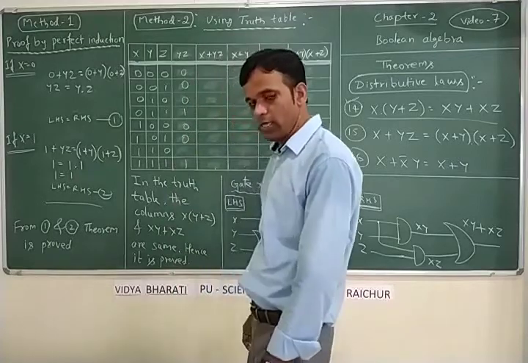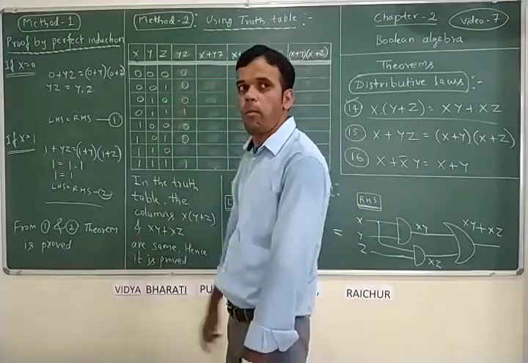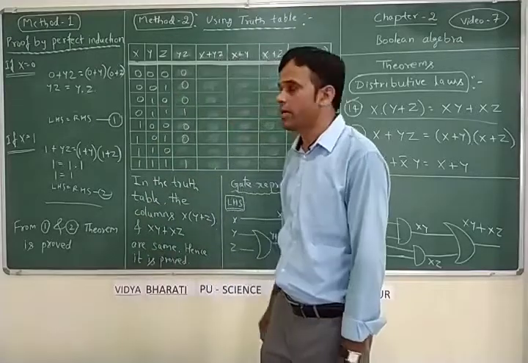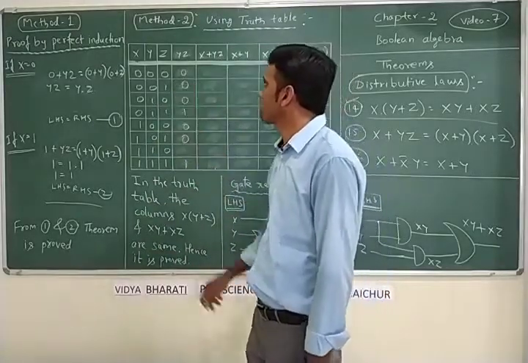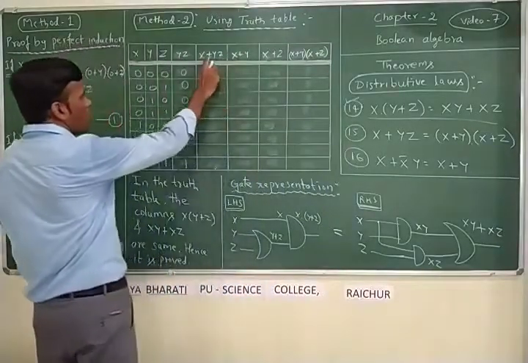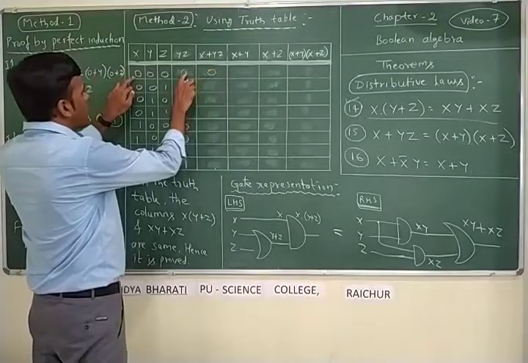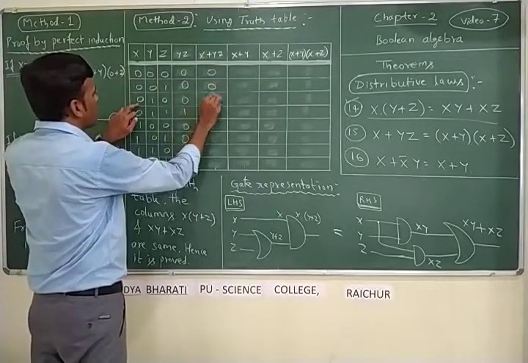Okay. So then x plus yz. The yz column is ready, and x is here. It's an OR operation. When both are 0, then it is 0. Otherwise it is 1.